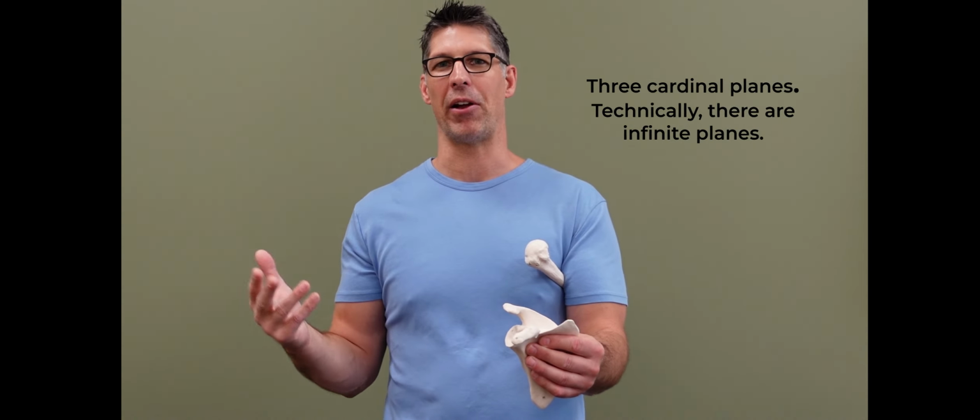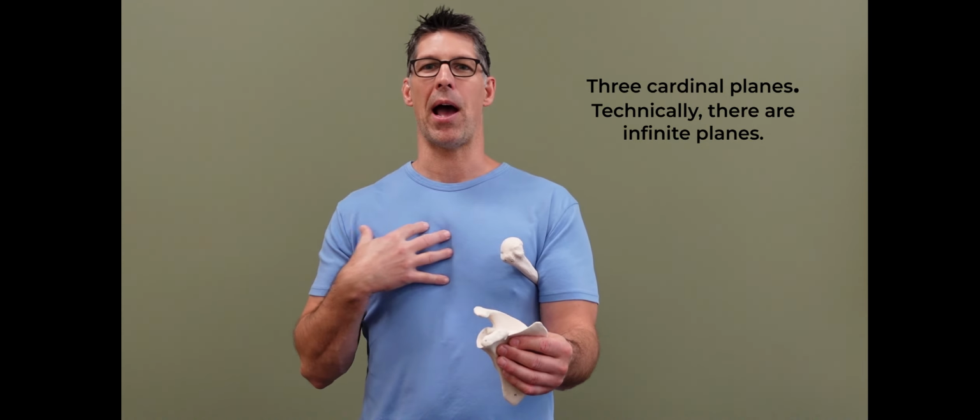I would call it the frontal plane of the scapula specifically because, like any other 3D object, it's going to have three planes. So simply calling it the plane of the scapula, in my opinion, is just bad terminology.